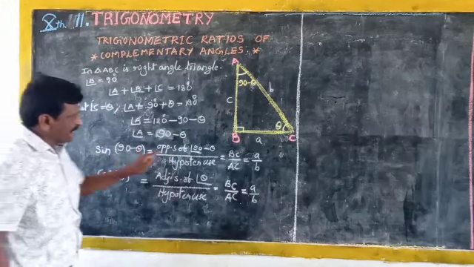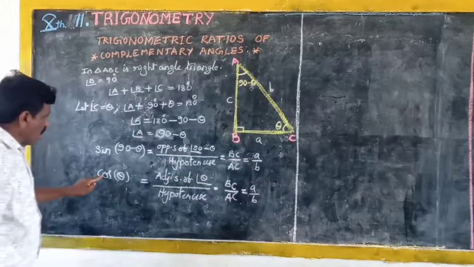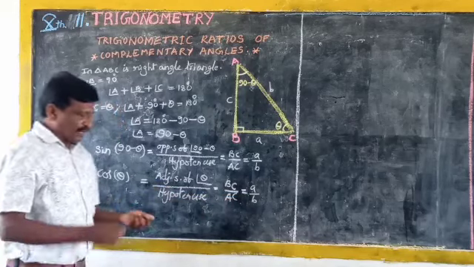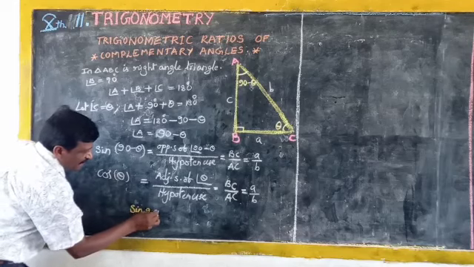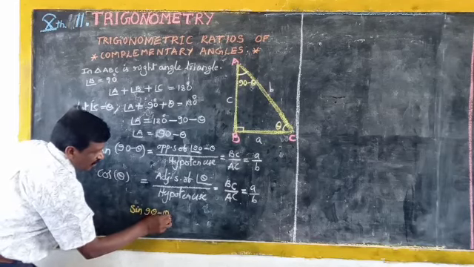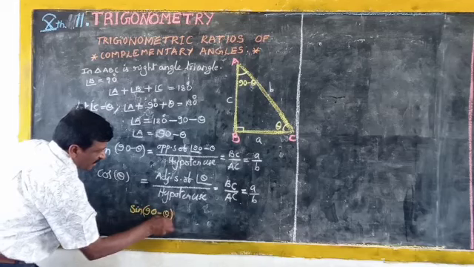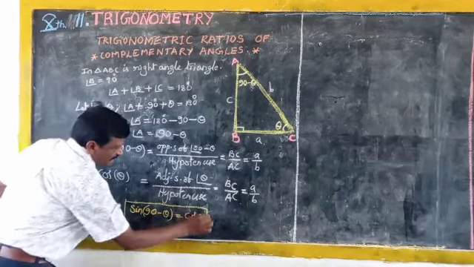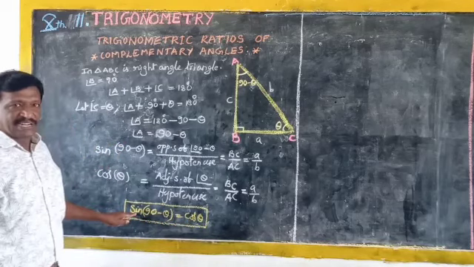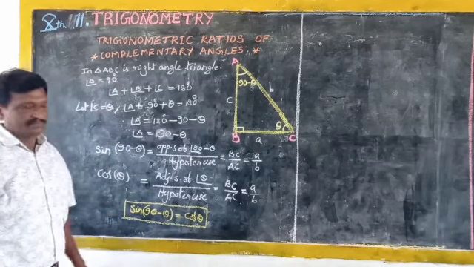Sin 90 minus theta is equal to a by b. Cos theta is equal to a by b. So sin 90 minus theta is equal to cos theta. Do you understand? Sin 90 minus theta is equal to cos theta.